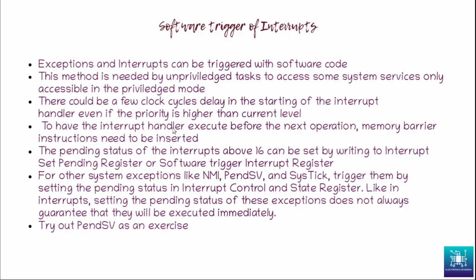To have the interrupt handler execute before the next operation, memory barrier instructions need to be inserted. Basically, the Cortex-M4 is a pipelined architecture, with a fetch, decode, execute pipeline.